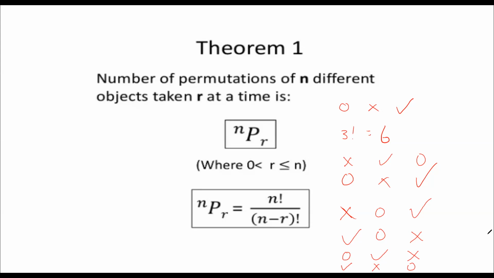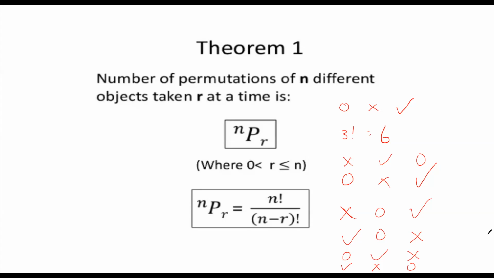Instead of having to write out all these possibilities, and my eyes are dazzling me, I can't follow the different arrangements. But if you just want to know the number of different arrangements you can have, we use that formula.